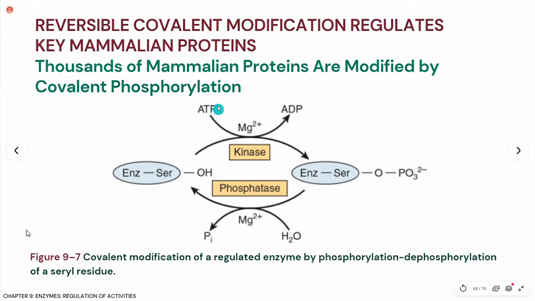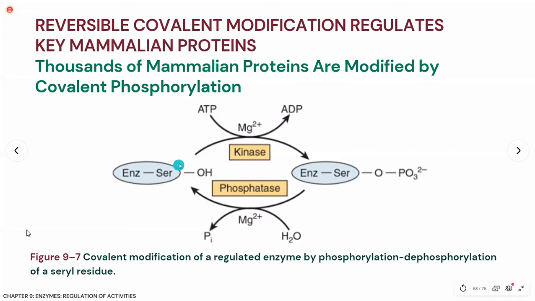The source of the phosphate is ATP, and it becomes your serine with a phosphate, through a kinase. And this is reversed by the enzyme phosphatase, which cuts this off. The phosphatase removes that phosphate and converts it into inorganic phosphate. And so we revert back to this enzyme here.